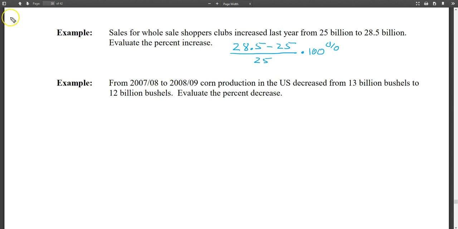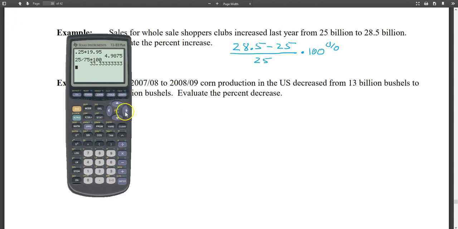And let's get out our calculators. Now, we have to use parentheses, so it'll be parenthesis 28.5 minus 25. Of course, that's 3.5 divided by 25 times 100. And we get 14%. So that's a 14% increase.